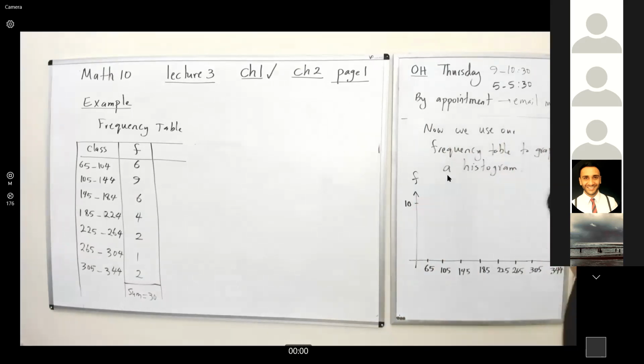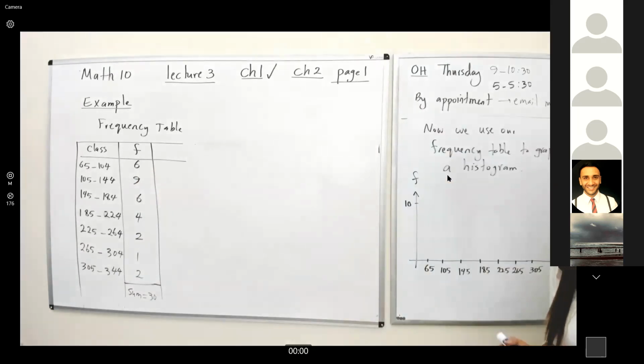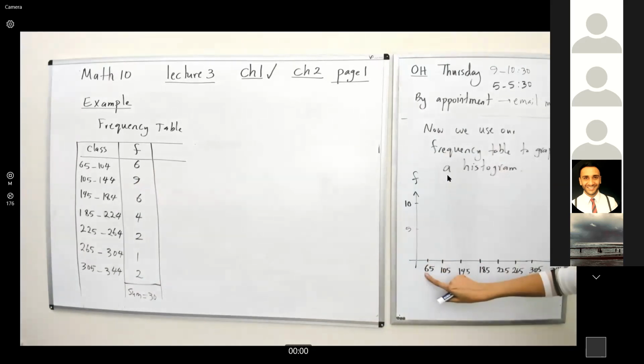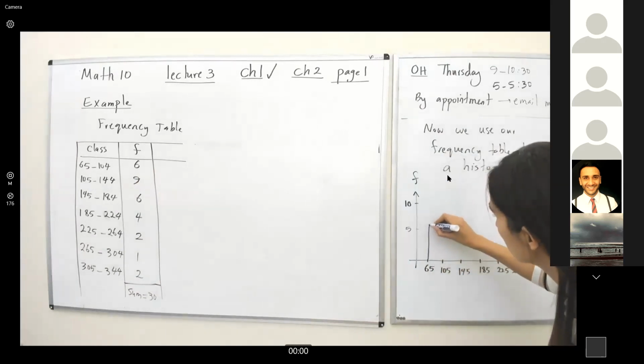My first class has frequency equal to 6. What's the meaning of that? It means that I'm going to have a bar which stops at 6. So the first class, 65 to 105, stops at 6.